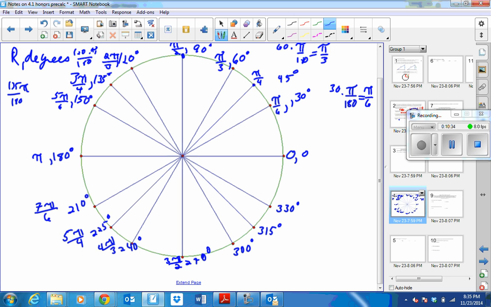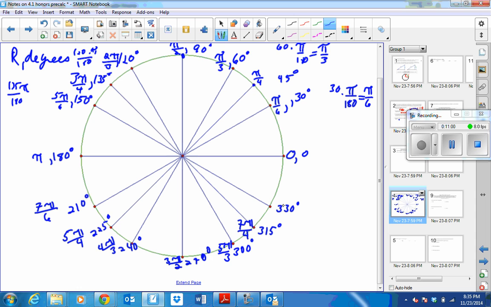And going to 300 over 180, divide by 60 on top and bottom, and that's going to give us 5 pi over 3 radians. 315 over 180, that's divisible by 45, and so that's going to give us 7 pi over 4.